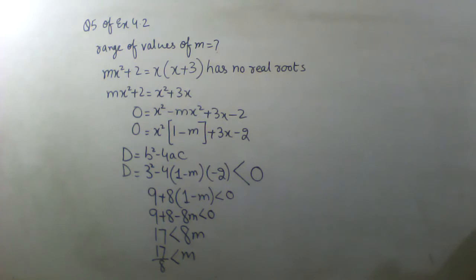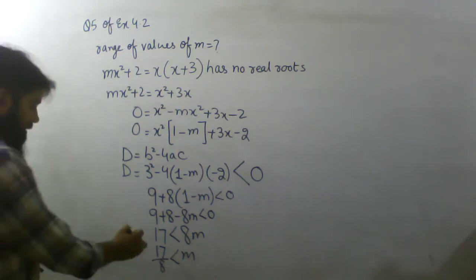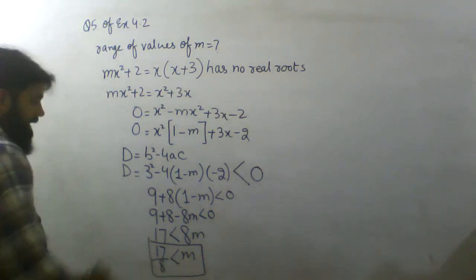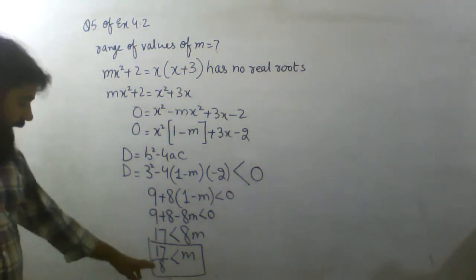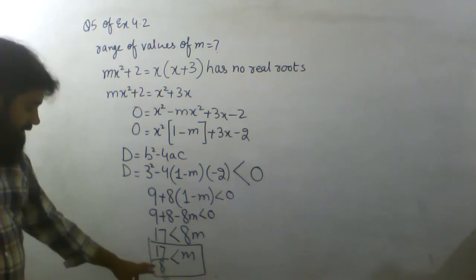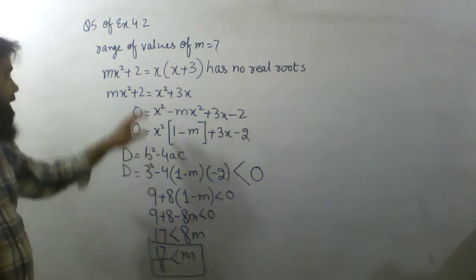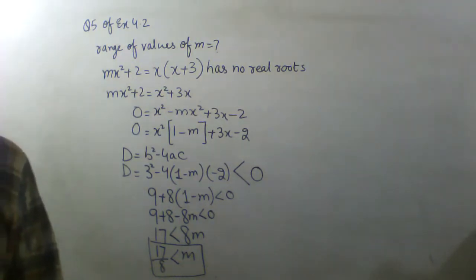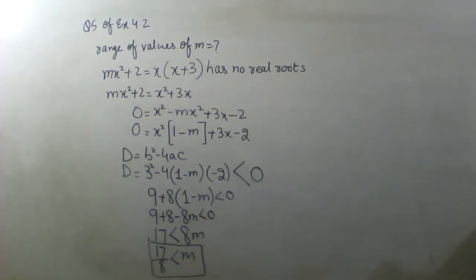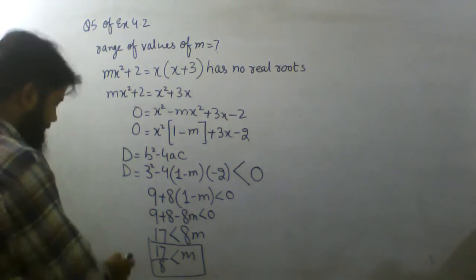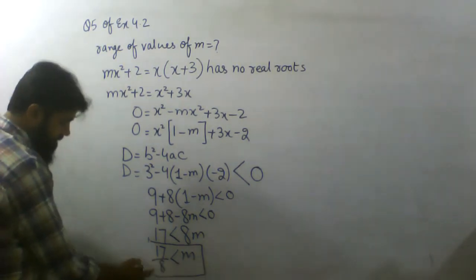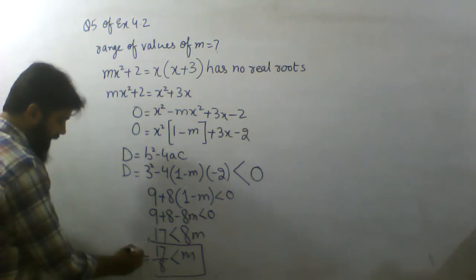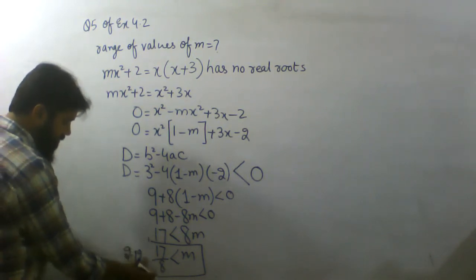Okay. So now it means for any value of m which is greater than this, if I plot it over here, I will have no real root in the given scenario. This can also be written as 2.125.